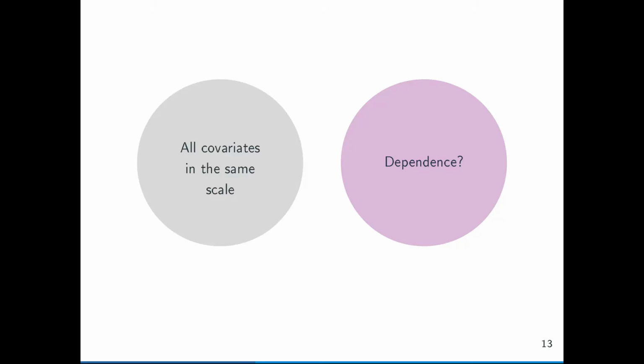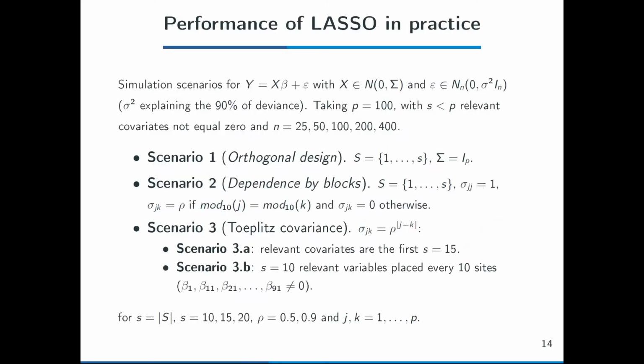We know that the Lasso is not going to perform well, but we want to know what to expect, how the Lasso performs in those cases, and if there are other algorithms or modifications which can improve its behavior. For this purpose, in our work and in the article, we propose a simulation study under different dependence structures.